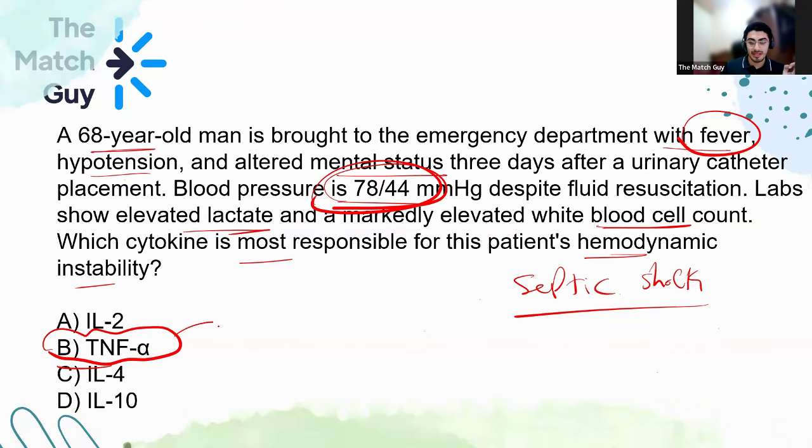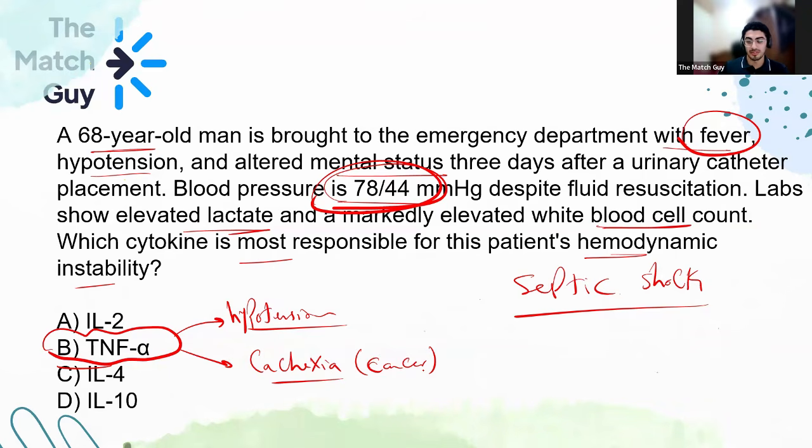You need to know that it mediates the hypotension in case of septic shock. It also mediates cachexia in patients with cancer. So if he gave you a patient with cancer who has severe weight loss, and asks you what is the cytokine responsible for this, the answer would be TNF alpha.